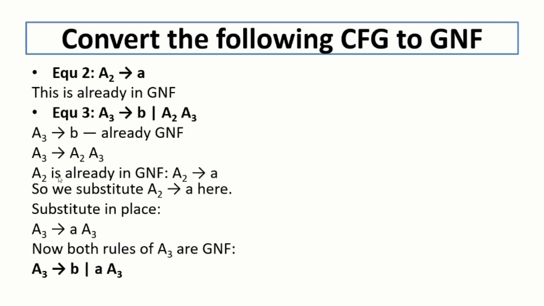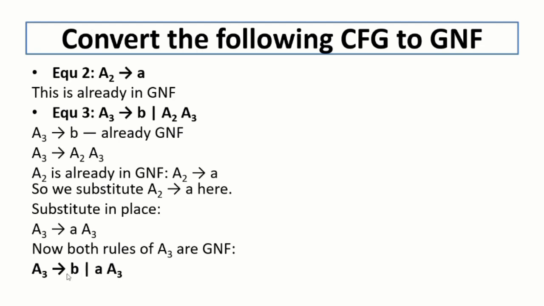As we know A2 is already in Greibach normal form, instead of A2, substitute small a, and you will get A3 tends to a followed by the non-terminal symbol A3. Finally, A3 tends to terminal symbol b or a A3. Now A3 is in Greibach normal form.